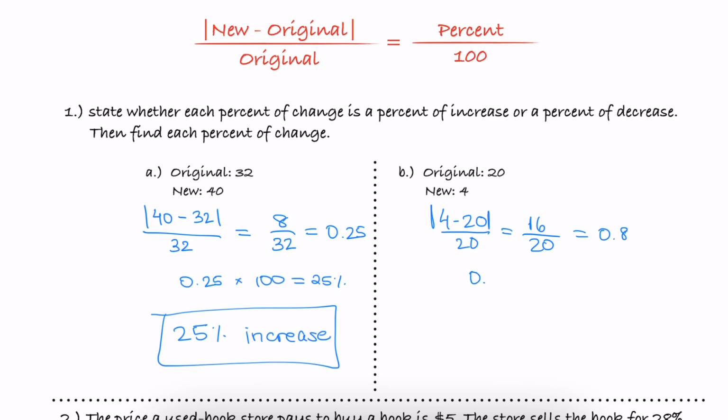Now we multiply 0.8 by 100, and we get 80%. Now, is this an increase or a decrease? It's a decrease because the original value is greater than the new value. So it's an 80% decrease.